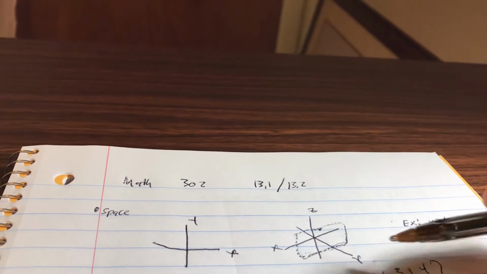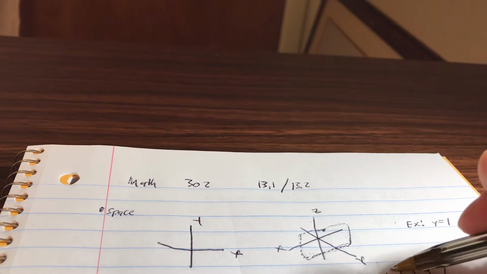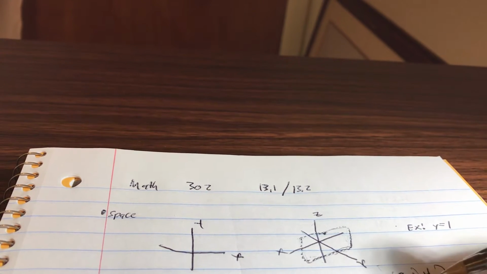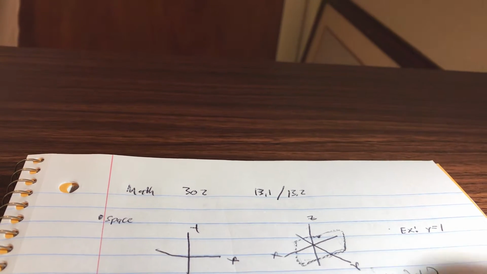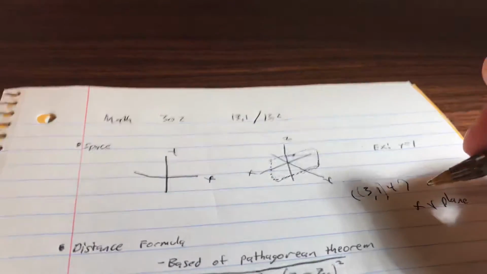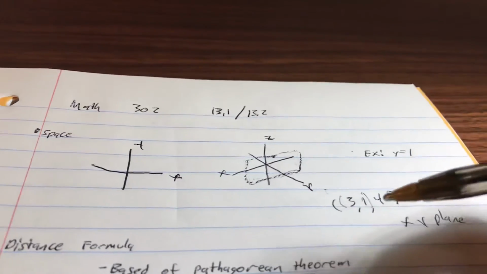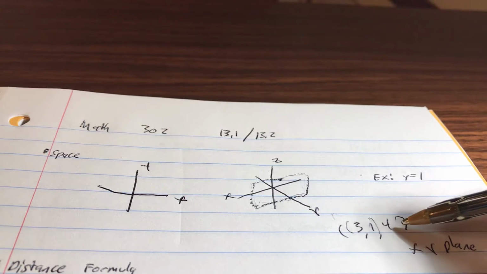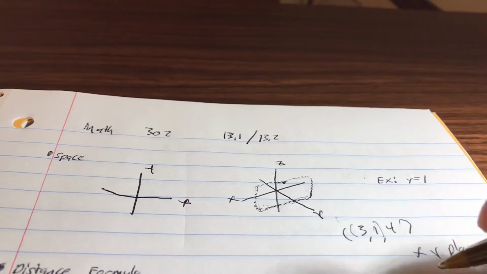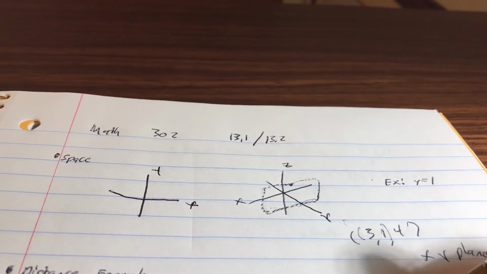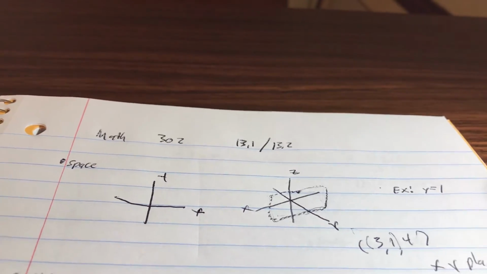Here x and y are variable, but the 4 is a fixed point I have to go through, so I know my equation for this plane is going to be z equals 4.